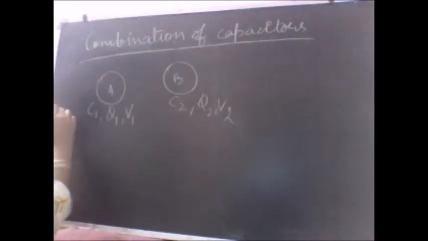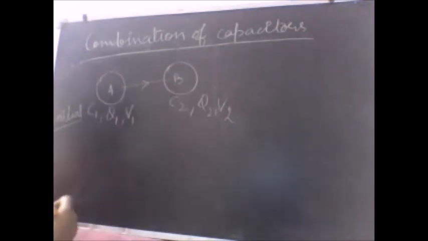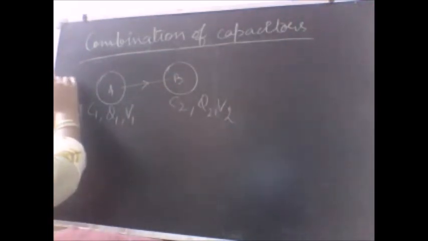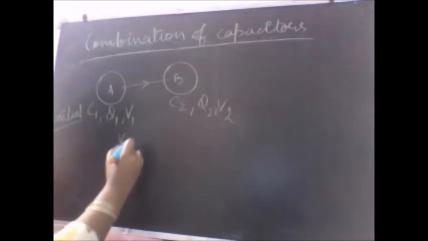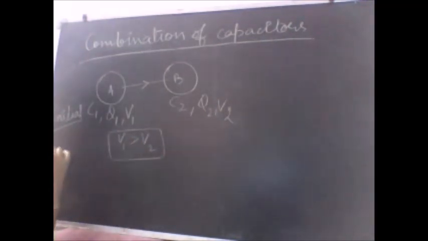So if I connect both the spheres, both the conductors, with a wire, what will happen? The charge will flow from higher potential to lower potential, assuming that here V1 is more than V2. This is my assumption.